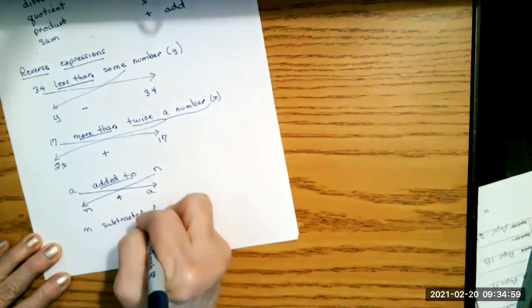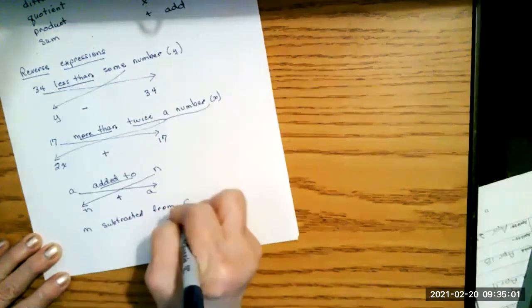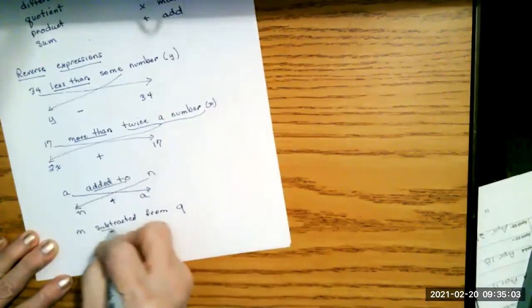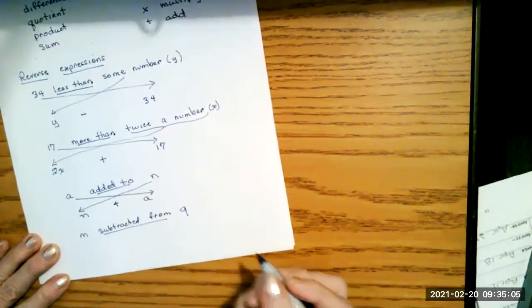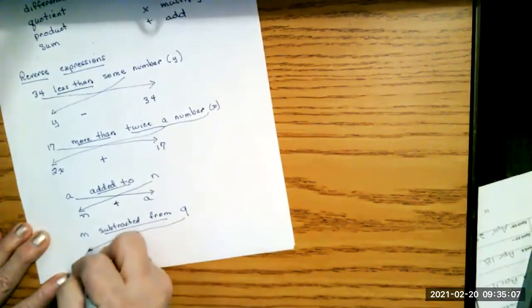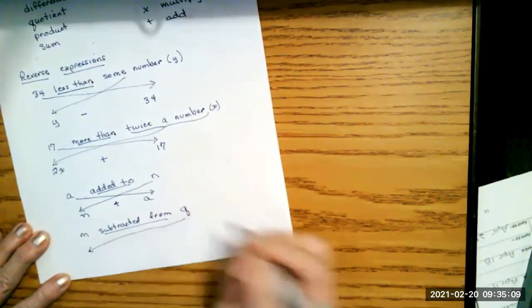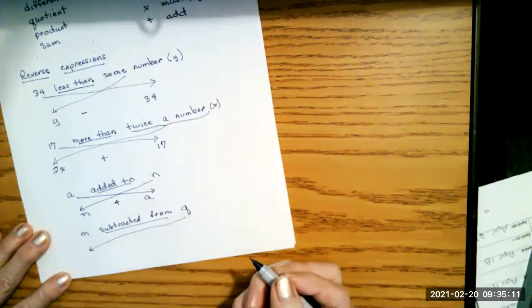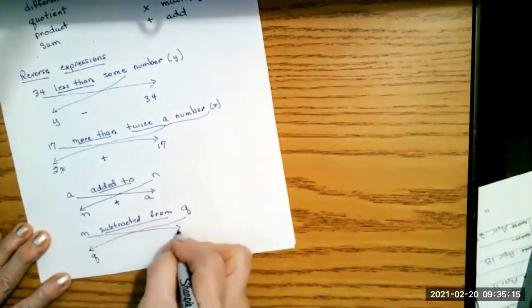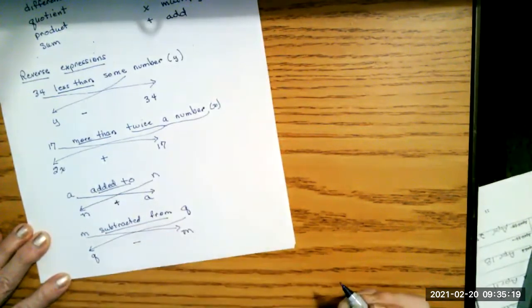Okay, if I have m subtracted from q, subtracted from is another reversal. So I'll have my q. Let's make a curly q on that so we'll know it's a q. A q would come over here on this side. The m would go over here on this side. And subtracted from means minus.